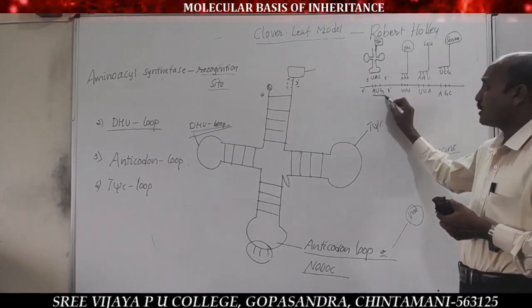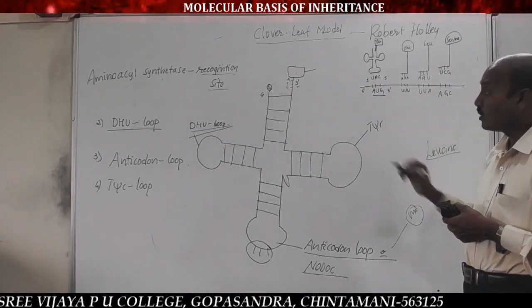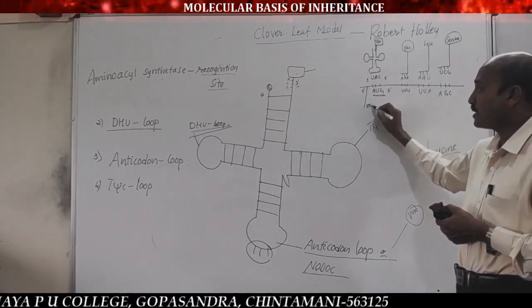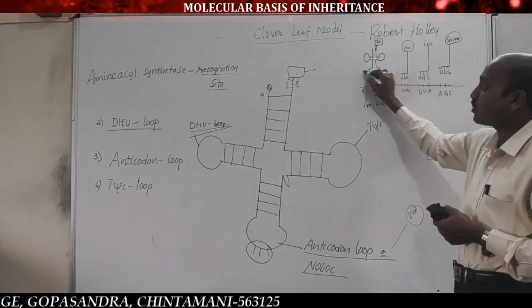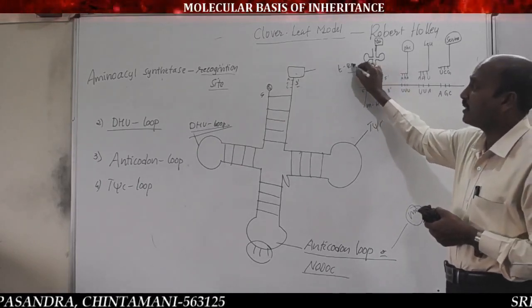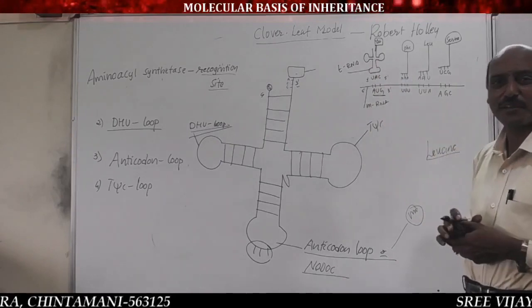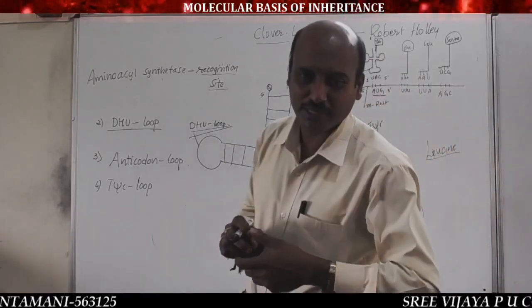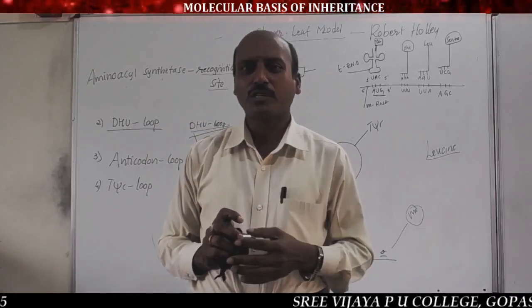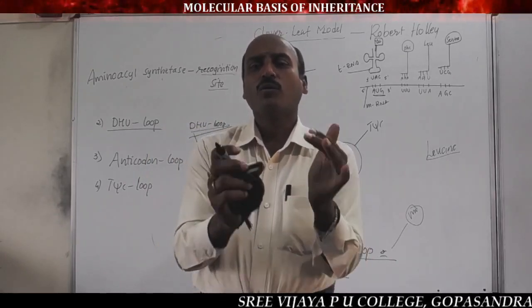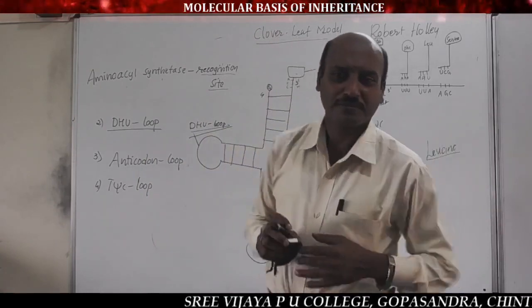So, listen here: codons are present on mRNA, anticodons are present on tRNA. Very important for board exams and theory exams. In one year there was a simple 2 mark question: where do you find codon and anticodon?